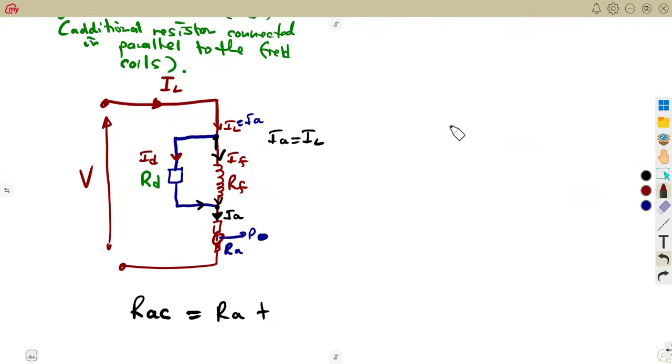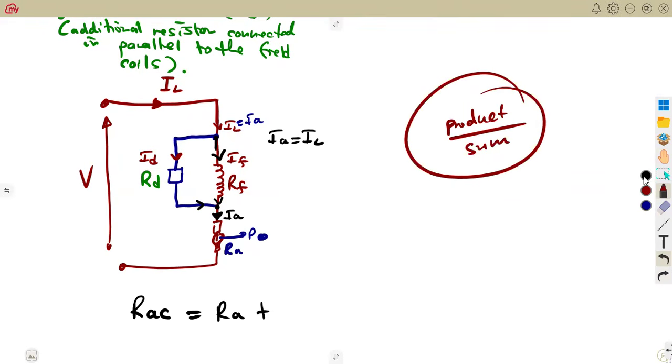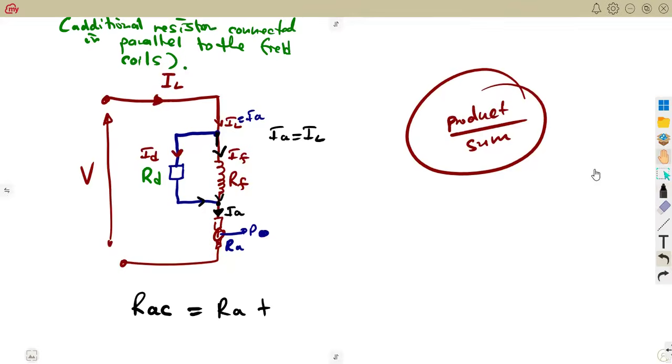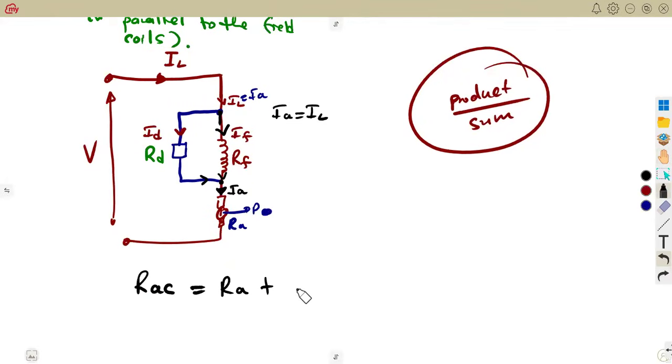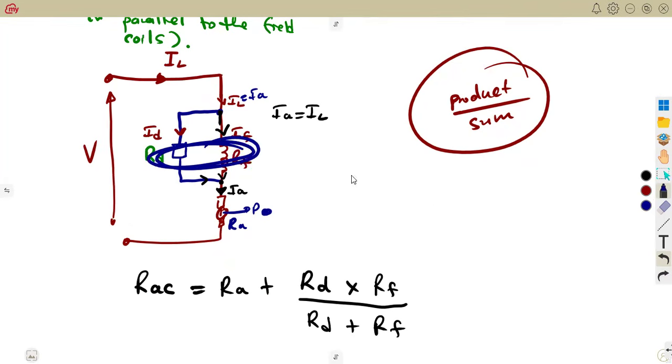Remember your parallel combination from your basics of electricity. How do you consider parallel? The product over the sum. So we are going to have the product of these two, RD and RF: RD times RF over the sum of these two, RD plus RF. Product over sum.